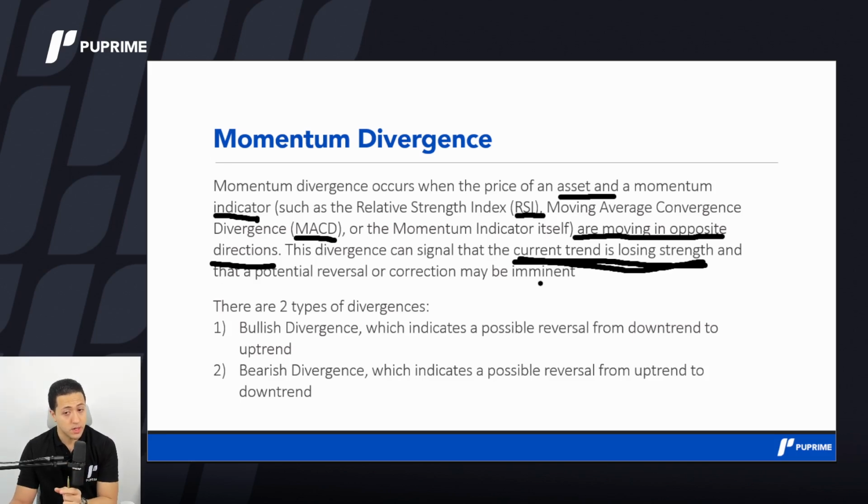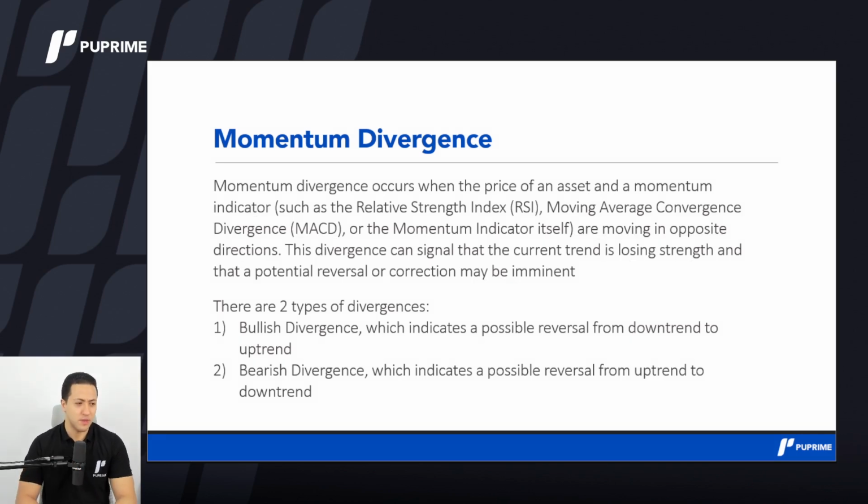potential reversal may be happening, but it may not. I'll tell you something. If you know anything about the markets, and if you know anything about me, you will know that I will never tell you something with 100% probability or 100% confidence, because markets can literally do anything.